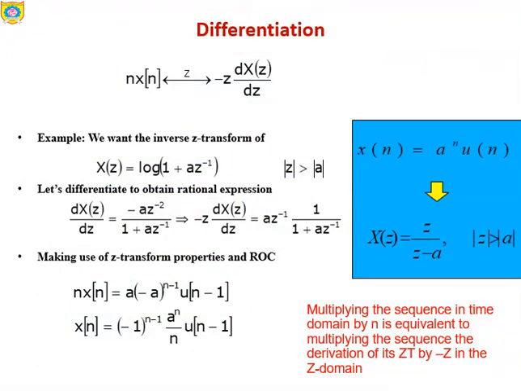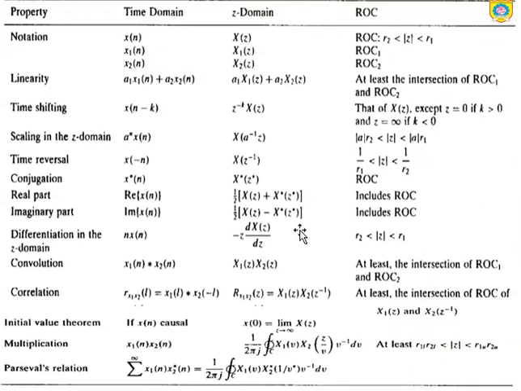Let's see one of the charts which will guide you about the different properties and the related z transforms as well as the ROCs. This is one of the charts which reflects whatever properties we have seen till today's lecture, that is the linearity property.